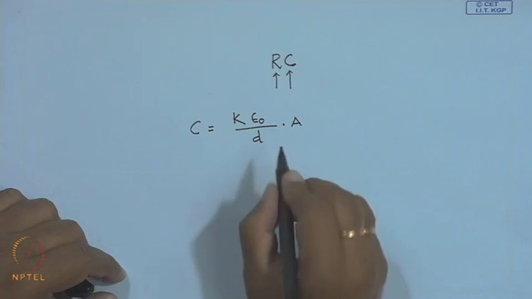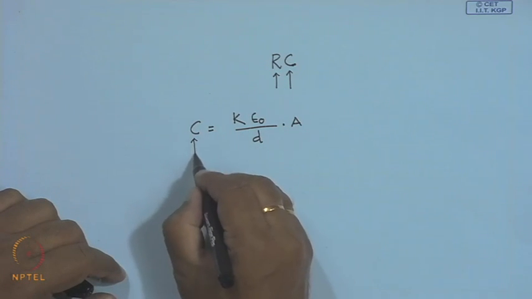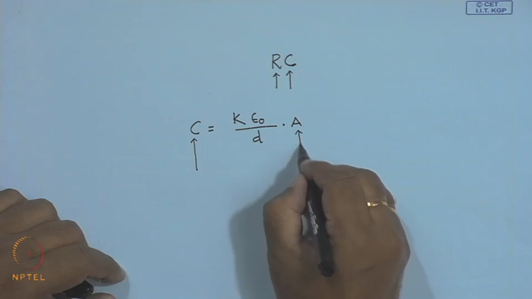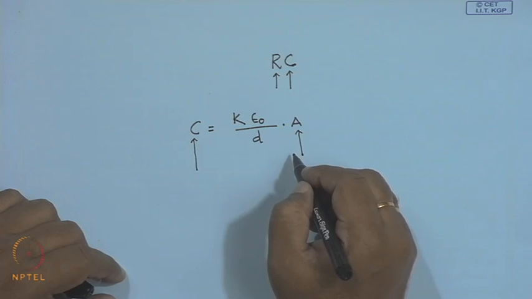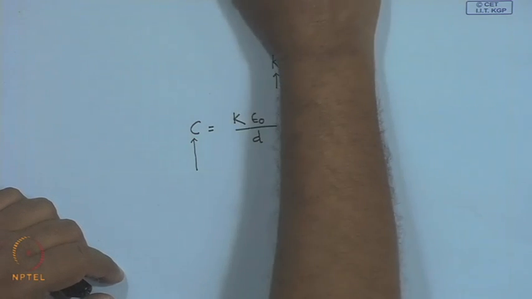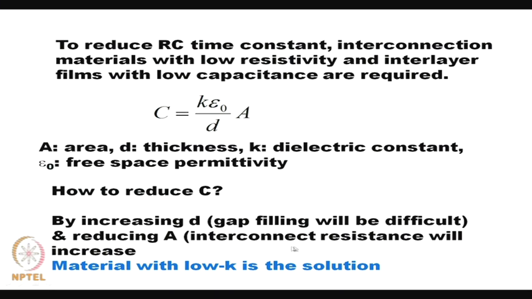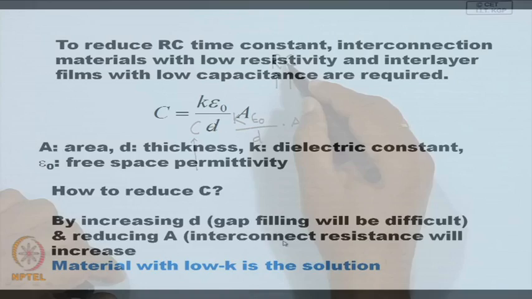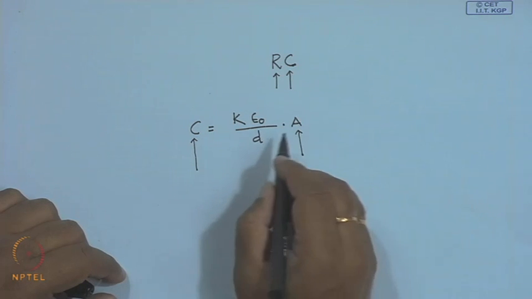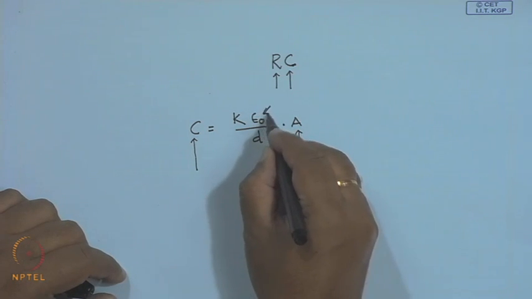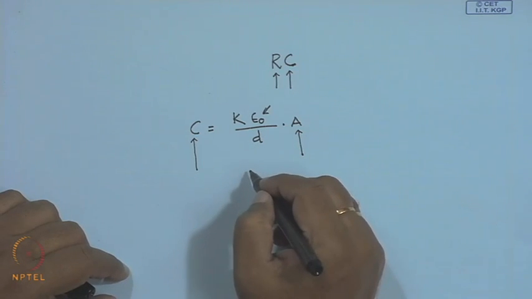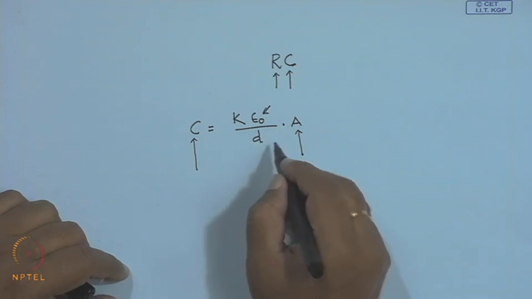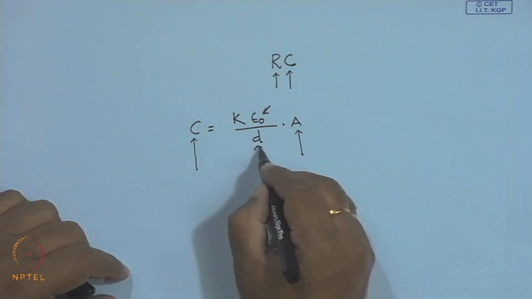Now if you want to minimize C, you have to minimize A, but minimizing A is very difficult, because if you reduce A, the interconnect resistance will increase, and we do not want that. Epsilon 0, the free space permittivity, has a constant value of 8.85 times 10 to the power minus 12 farad per meter, and D is the thickness.